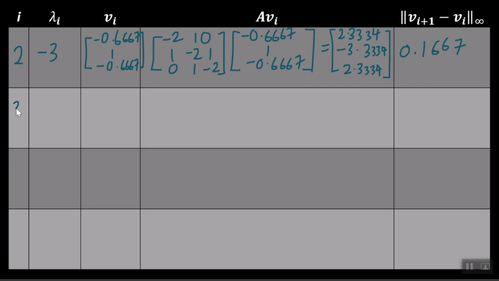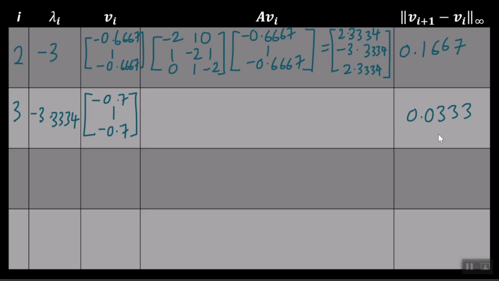Okay, in our third iteration, our new lambda would be this value here, negative 3.3334. And our new v would be 1 over lambda multiplied by AV, which is negative 0.7, 1, negative 0.7. And our new error would be this value minus this value, the absolute value of it, which is 0.0333.